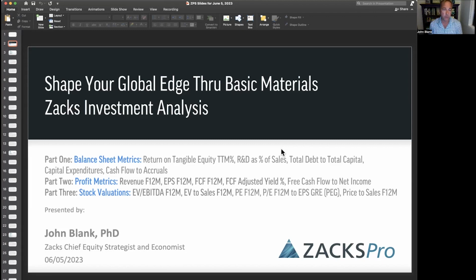Finally, of course, since we're going to invest in this sector through stocks, we'll look into a variety of metrics that measure, on a forward 12-month look, their share valuations, enterprise valuation, price to earnings ratios, the PEG ratio, and of course, we'll finish up with probably what is the best metric for this sector, which is price to sales, because there's a lot of differences in the profit margins and various other ways that people invest in this broad variety of industries.